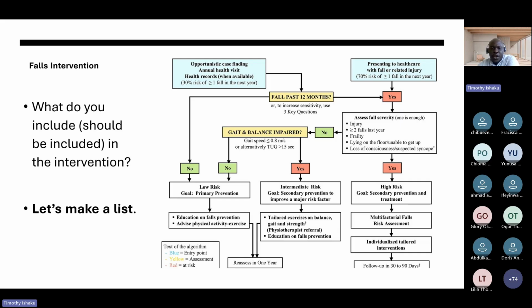Merely asking the person to do some activity or go for general physical activity is great, it's excellent, and everybody should be doing it. But for somebody with high risk of falls, you need to be specific on the factors that predispose them to falls, address them, and where possible, come up with compensatory strategies.